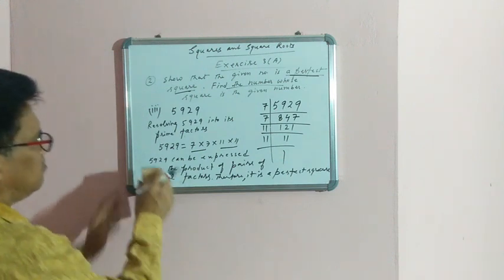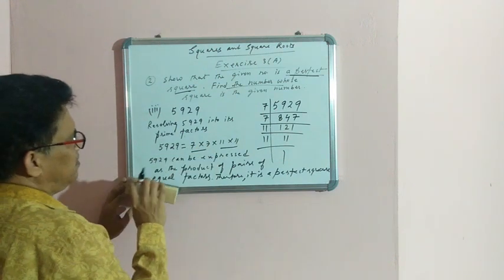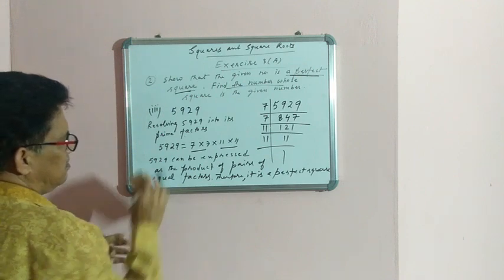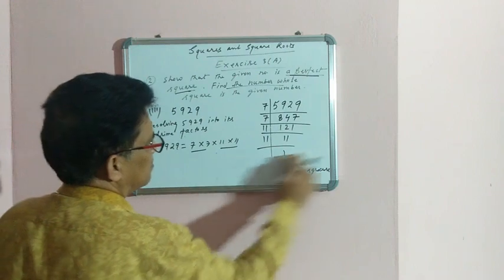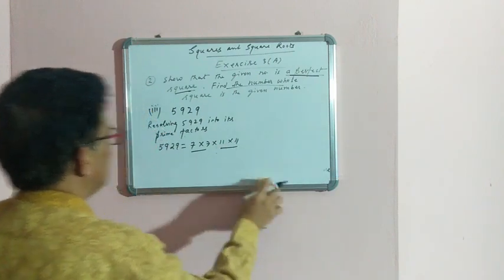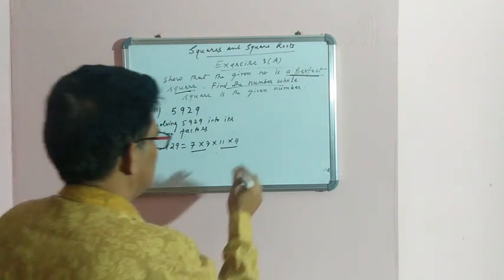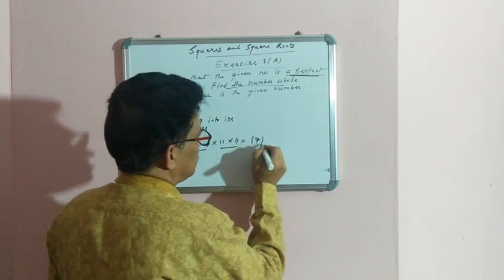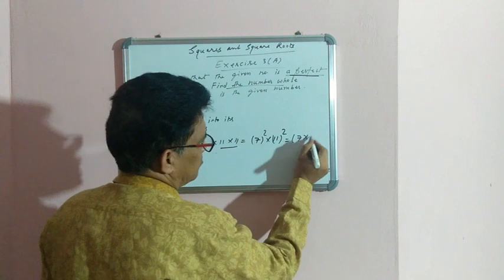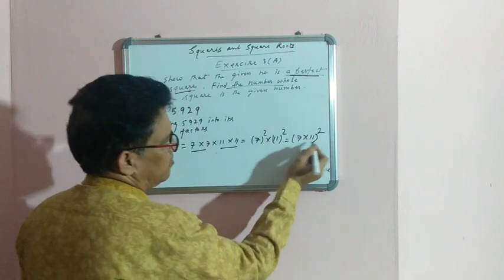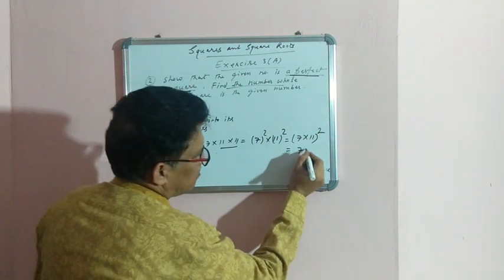So from here we will erase, because here we have written the same statement. Now we can write this as 7 square into 11 square, which is 7 into 11 whole square.